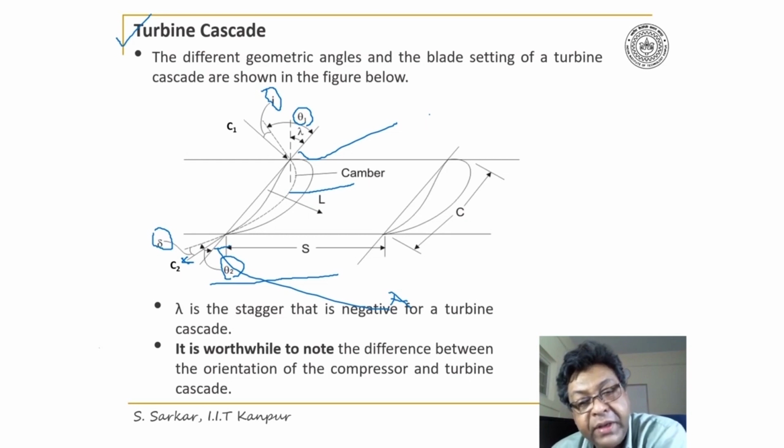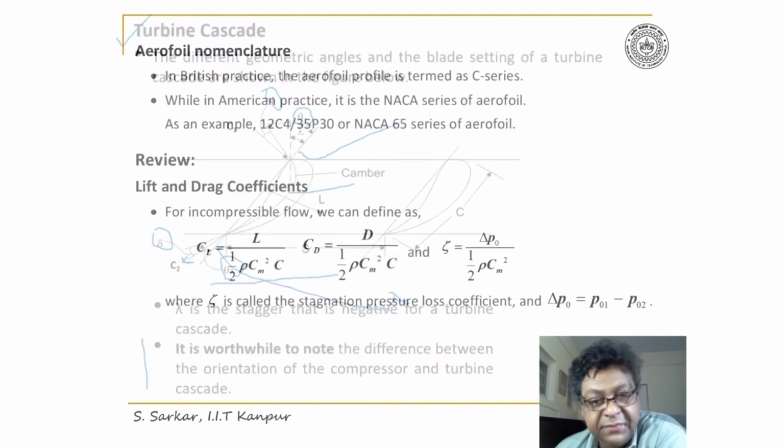As I have shown you different angles related to the compressor cascade, from this figure one can establish similar correlations for turbine cascades, and it is worthwhile to note that the orientation for the turbine cascade is different than the compressor cascade.